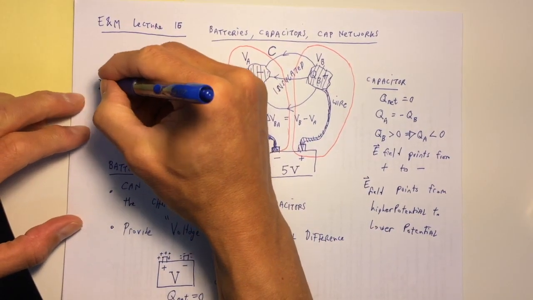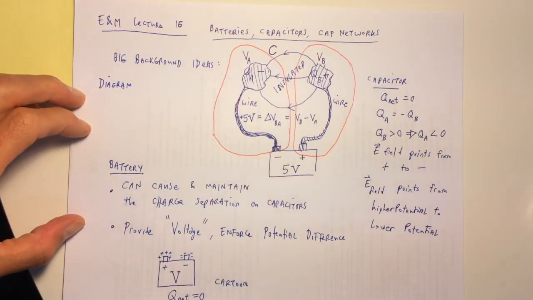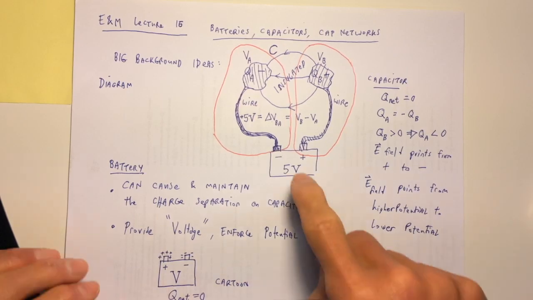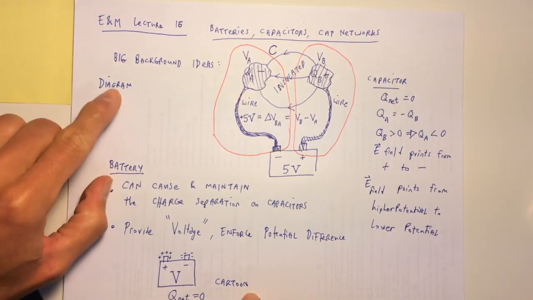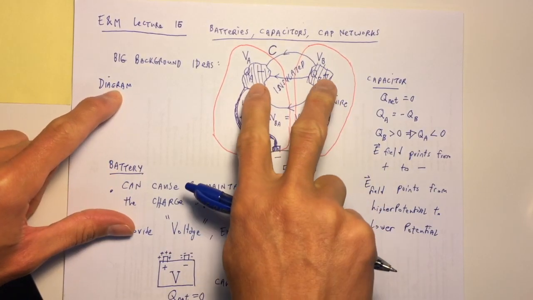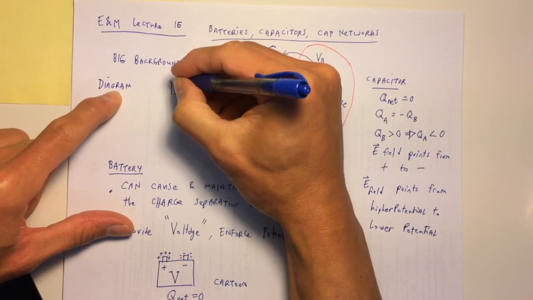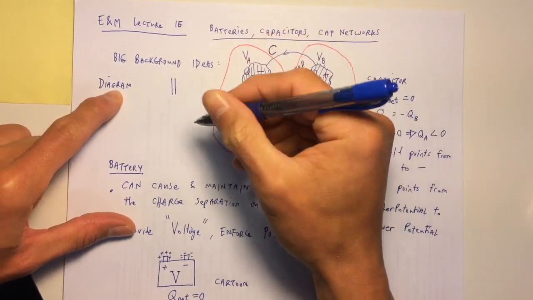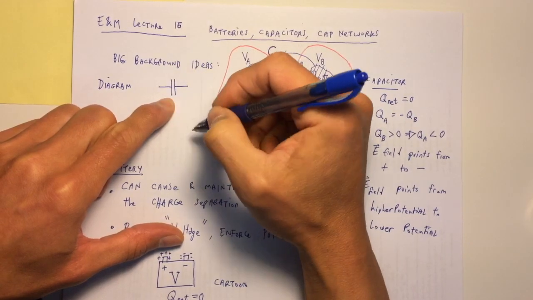There is a diagram that we can use that's much simpler to draw than this cartoon, although the cartoon actually more resembles a physical situation. The diagram looks instead like this. Here's the capacitor. A capacitor has a diagrammatic symbol that's supposed to remind you of two parallel plates.